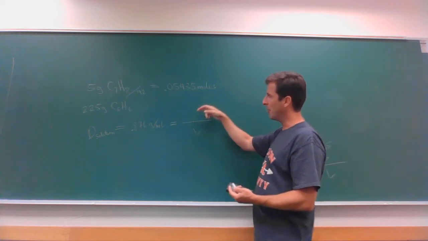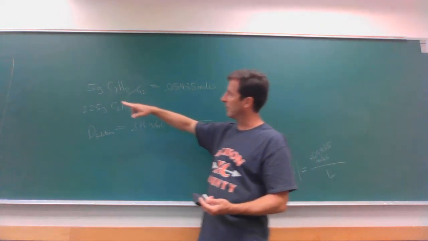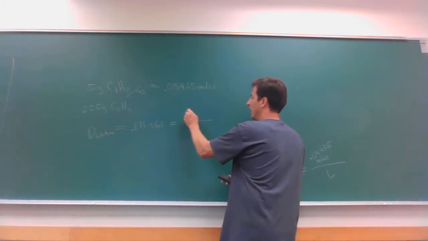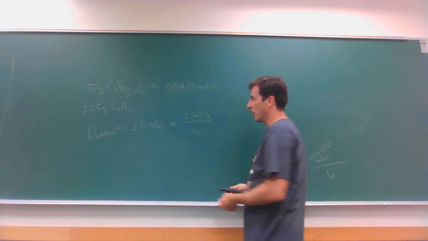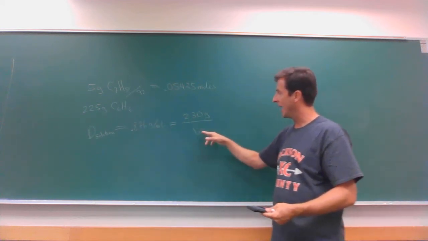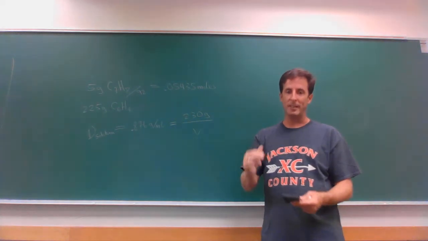So on top, the mass of the solution is going to be 5 plus 225. Put those together, 230 grams of solution. To solve for this, I'm going to bring the volume up, bring the density down, so it's going to end up being the mass over the density.